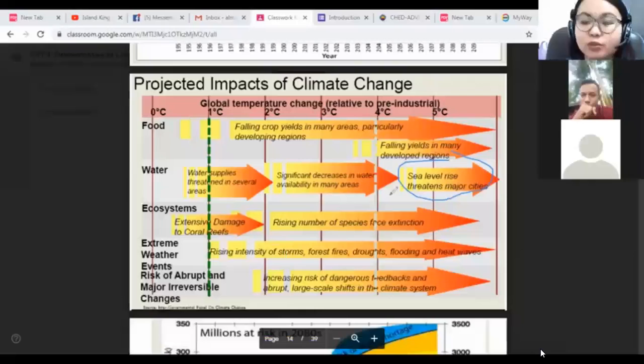And with that, the water supply will also decrease. And for the ecosystem, some species may not adapt to the rising temperature, so they will become extinct, and it will especially damage the coral reefs.